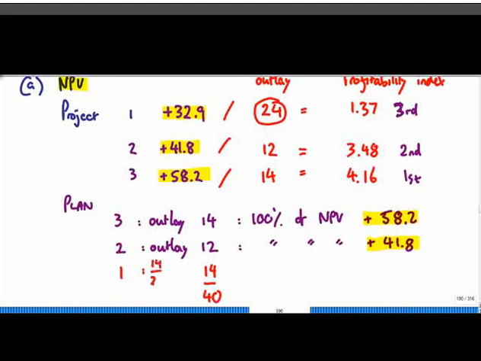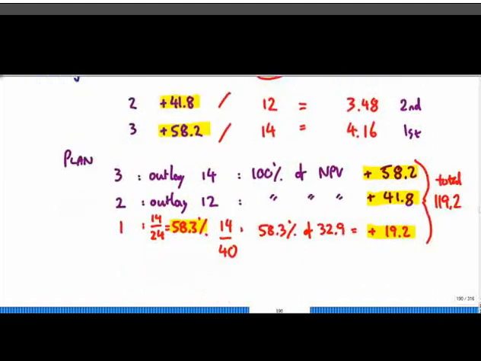So we'll get 58.3% of the NPV, which will be 19.2. Adding up the three NPVs, the best we can do, assuming divisible projects, is to get an NPV of 119.2, and we'll get that NPV if we go for 100% of projects 2 and 3 and 58.3% of project number 1. So that's the Profitability Index.